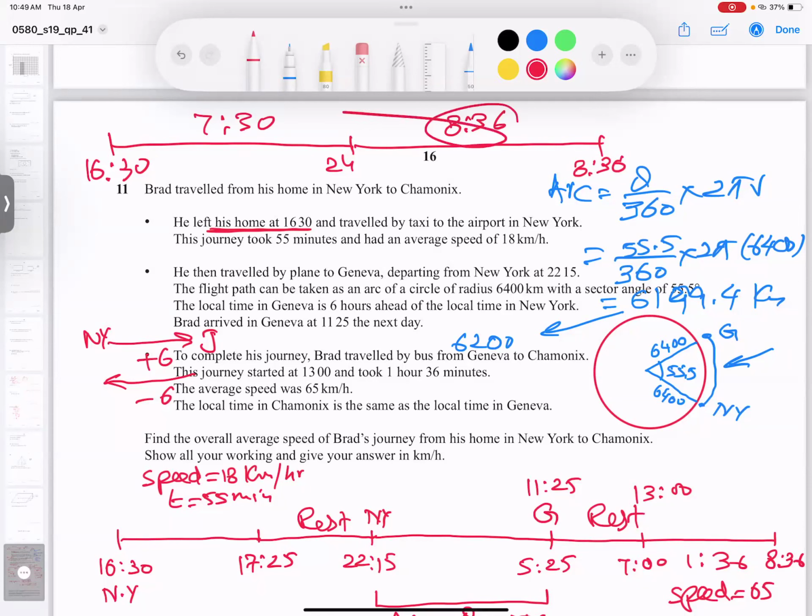Okay, students, if I add these two values, let me check, 8:36 and 7:30. I'm adding now: 8 hours 36 minutes plus 7 hours and 30 minutes.